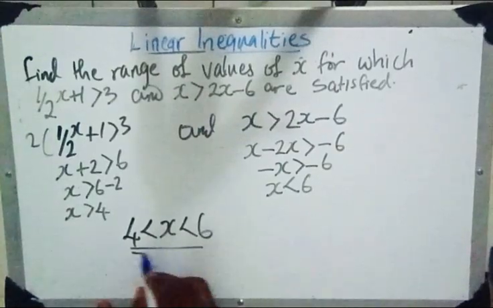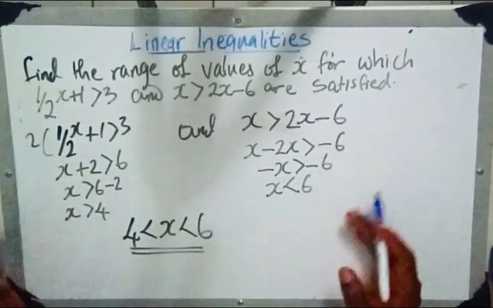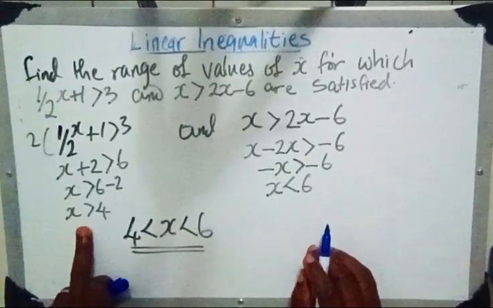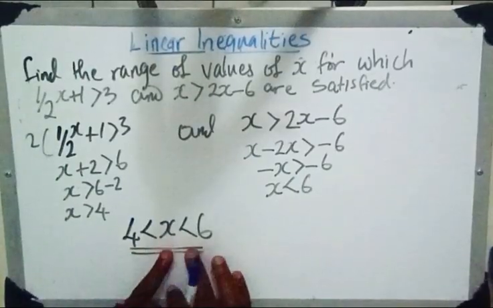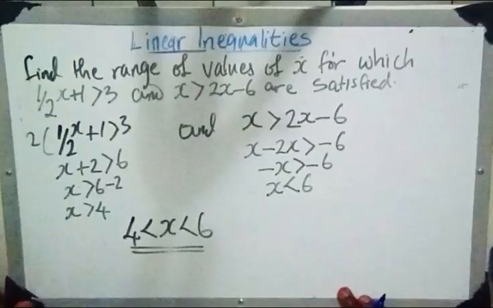So this is how you write the range of values when you're combining two inequalities like this. That's why I have it as 4 is less than x, and x less than 6.